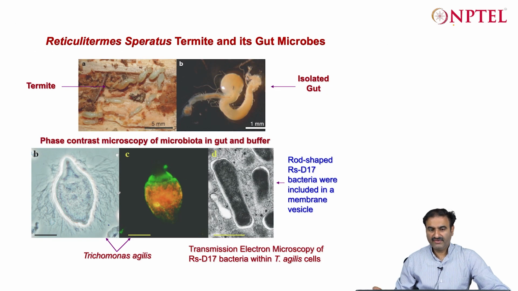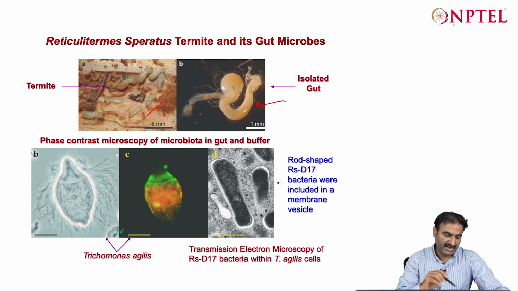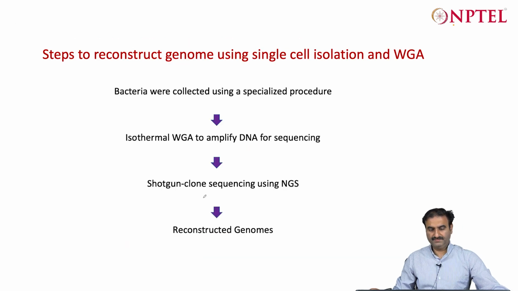It is not so easy, because if you isolate the gut, inside the gut there are protozoans, protists, and inside the protists there are endosymbionts, which are actually doing the job of metabolizing or fermenting that cellulose. In this case the bacteria were picked through the specialized procedure, the micromanipulator.